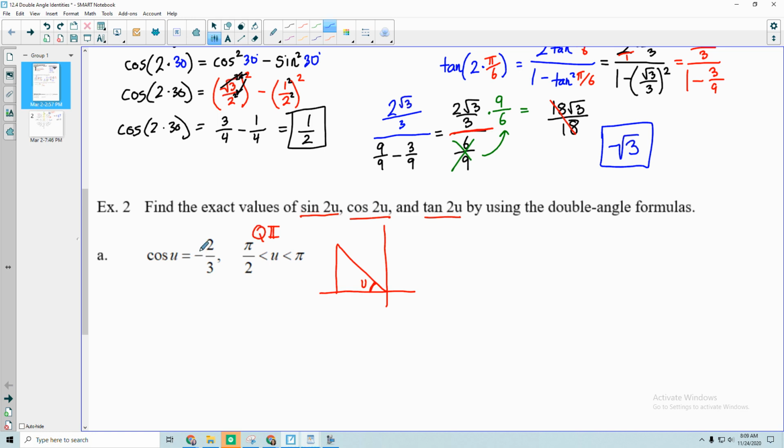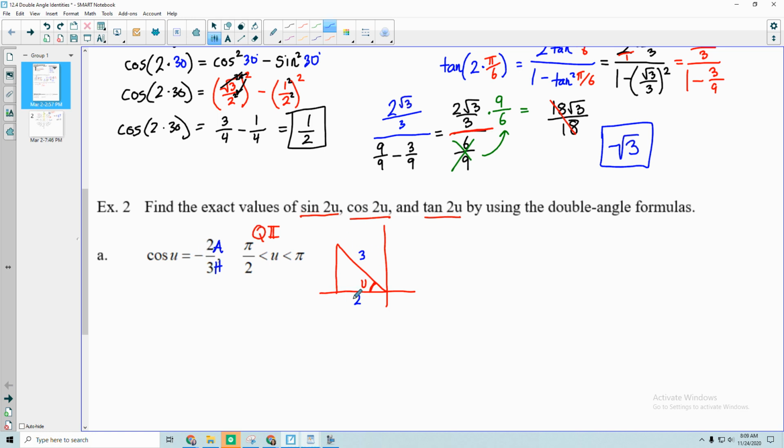So I can actually take these values and put them on the triangle in this quadrant. So this would be, remember, my adjacent and my hypotenuse. So in this triangle, 2 would go here and 3 would go here. And then where would the negative go? Okay, so remember that hypotenuse is never going to be negative.